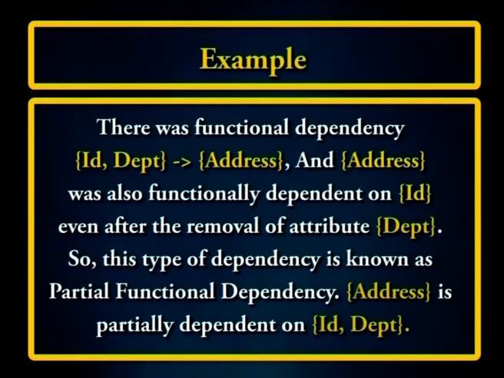For example, reconsidering our previous relation employee, there was a functional dependency: the ID, department set is functionally determining address, and address was also functionally dependent on ID alone even after the removal of the attribute department. So, this type of dependency is known as partial functional dependency. So, address is partially dependent on the set ID, department.